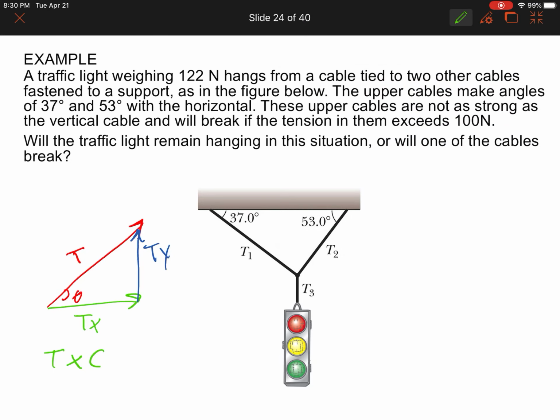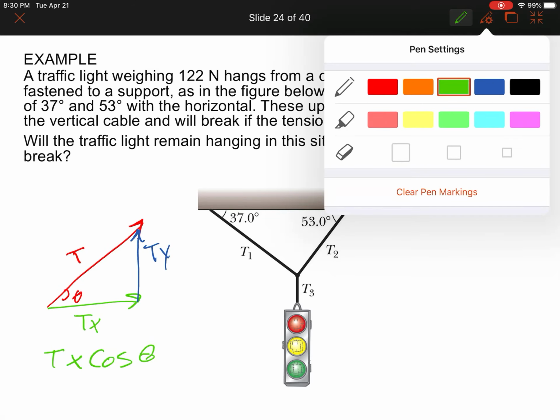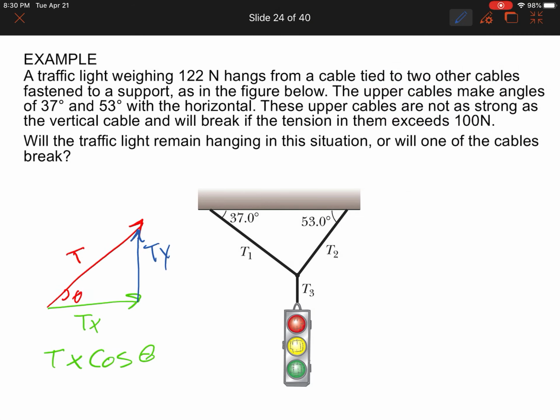Tx is always T cosine theta, and Ty is T sine theta, and that is how you define the two other components for x and y, compared to the tension, the red one, which is the hypotenuse with an angle.